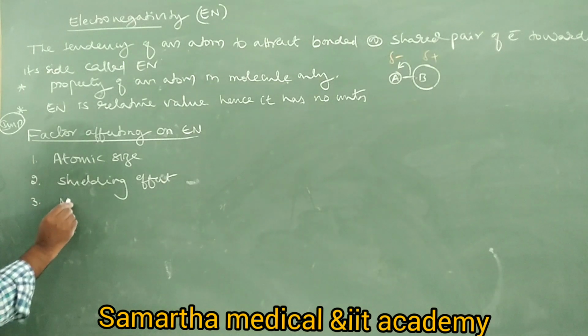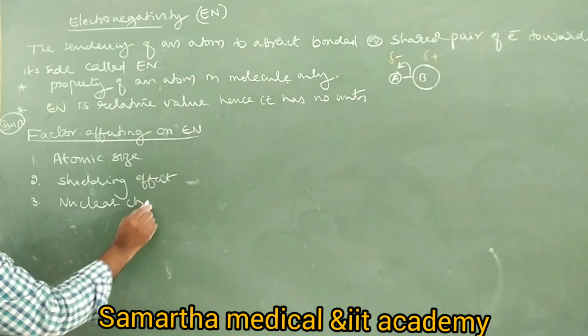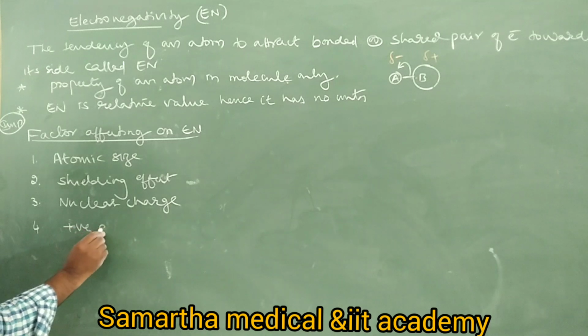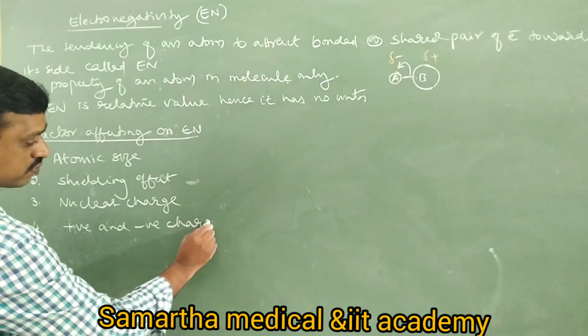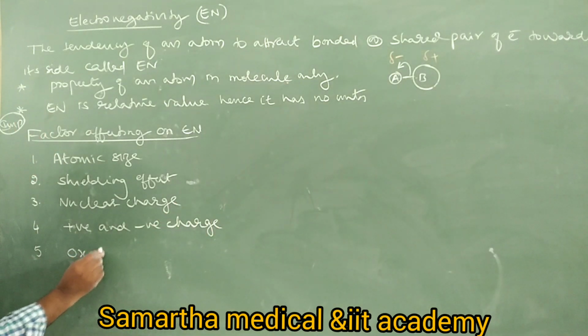Third, nuclear charge, nothing but Z effective nuclear charge. Fourth is positive and negative charge. Fifth is oxidation state or oxidation number.